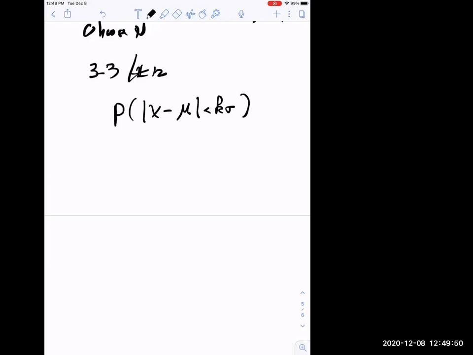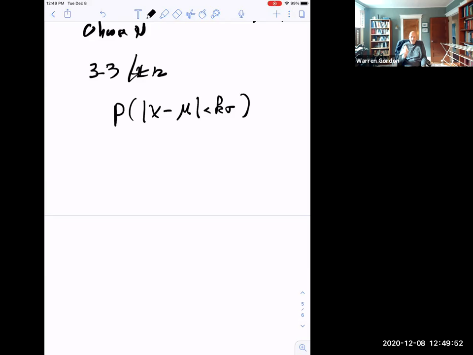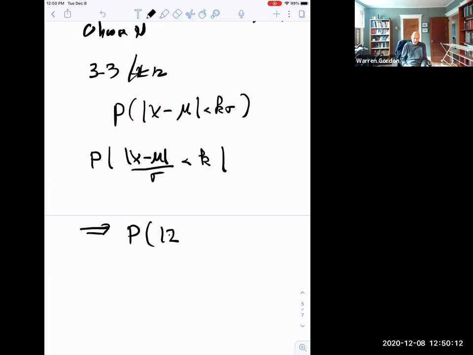However, if we use the central limit theorem on this, assuming, of course, n is large enough, this will give us the probability of the absolute value of z. Oh, I'm sorry, not the central limit theorem. We just standardize this to use the z tables.